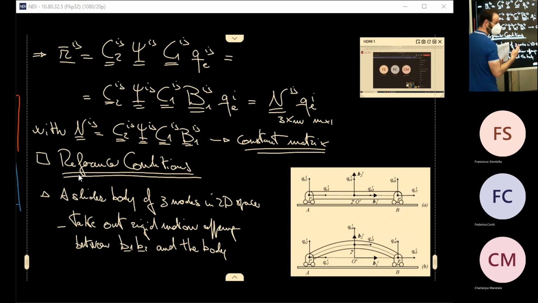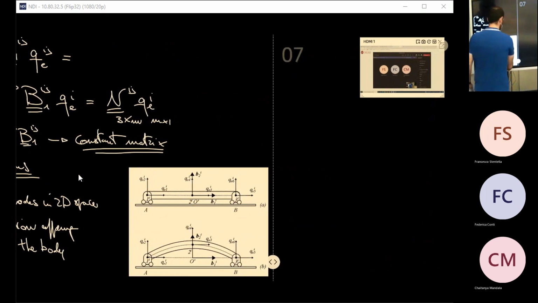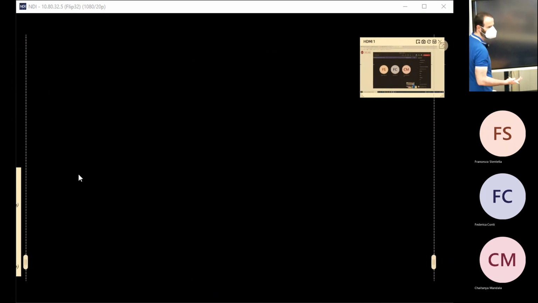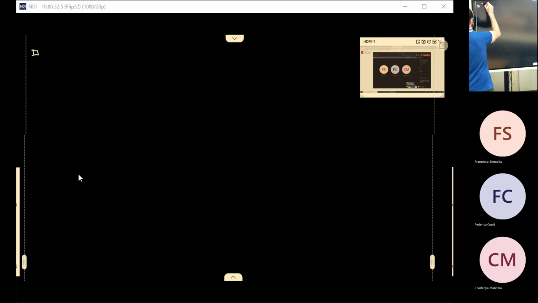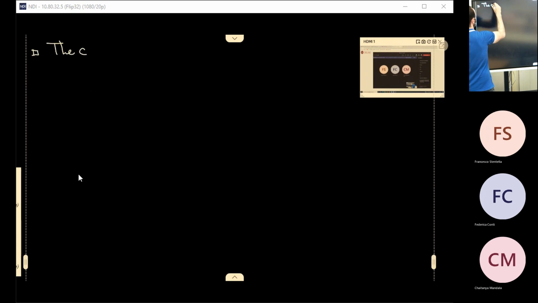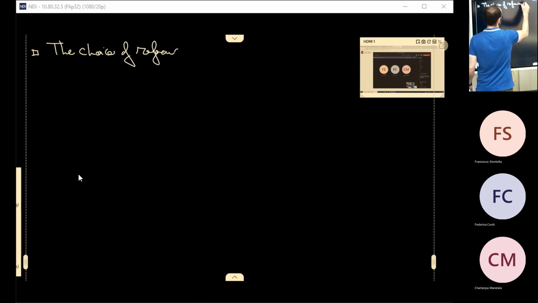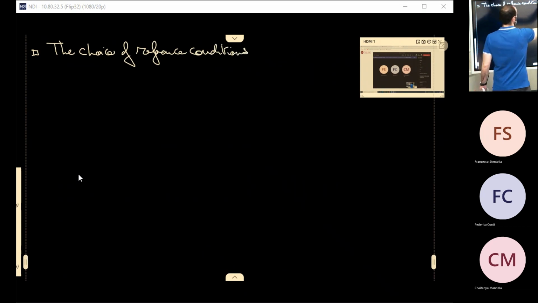How do you actually do it? Let's say that we do what I have just described, but in a mathematically consistent way. Okay. So first of all, let's say the following. The choice of reference conditions is arbitrary.